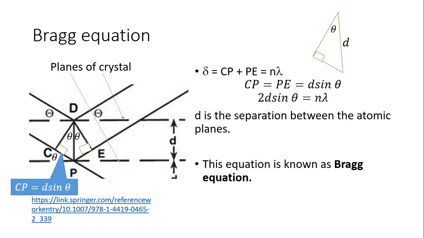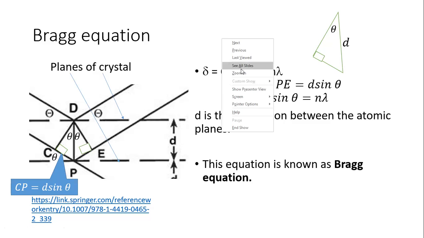Okay, anything that's not clear? So that means DC, I mean, D and then C, is equal to E and D, right? Am I right? And then later you get the sine theta one. The theta is known as the Bragg's angle.